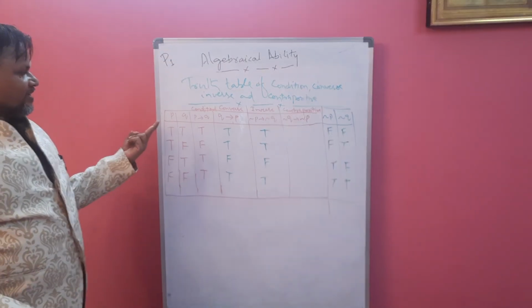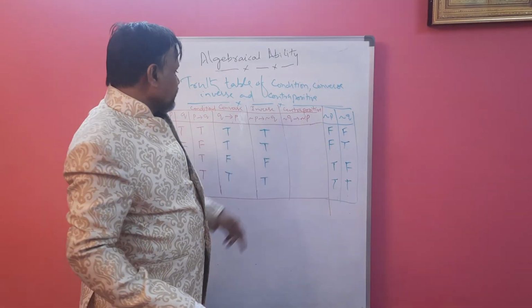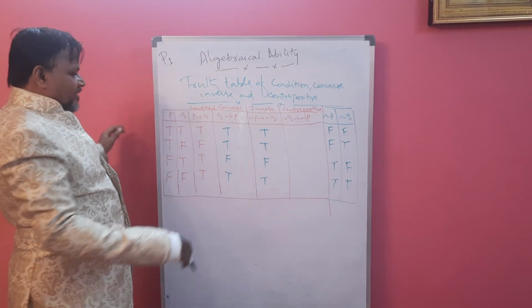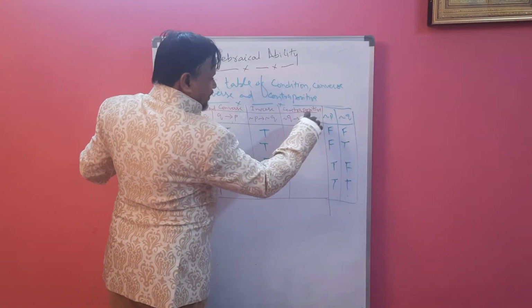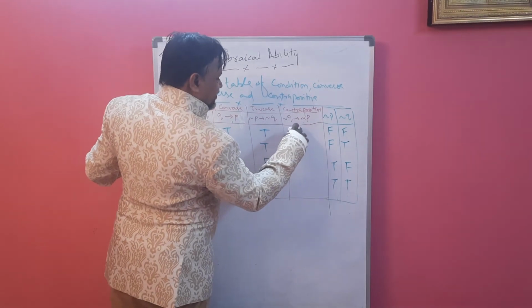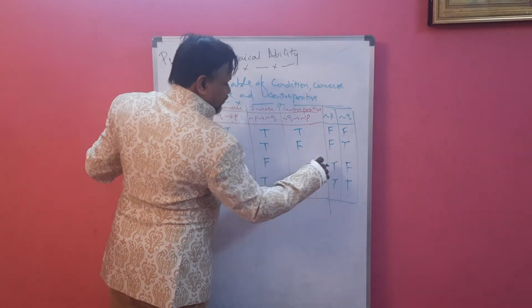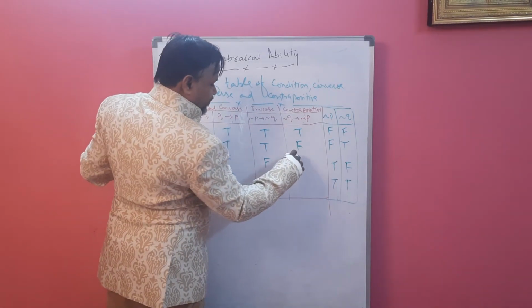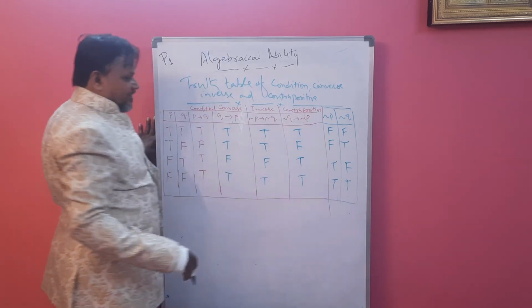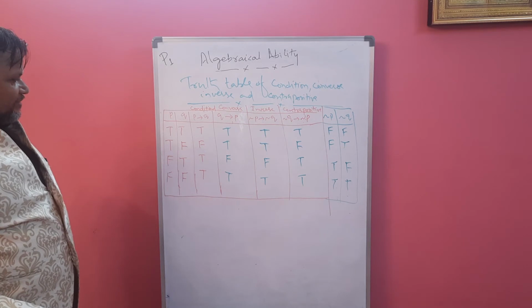Now Q to P, we have to change. Q to P, negation Q to negation P. True false no, implies. True false yes, not imply. True false no, implies. True false no, implies. So this way you will get the table.